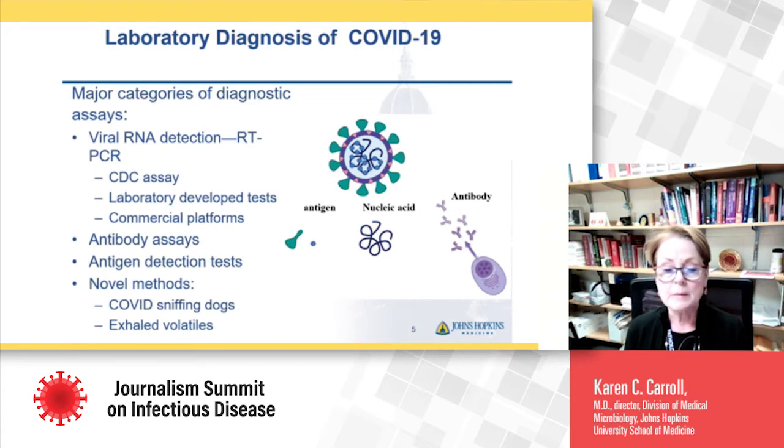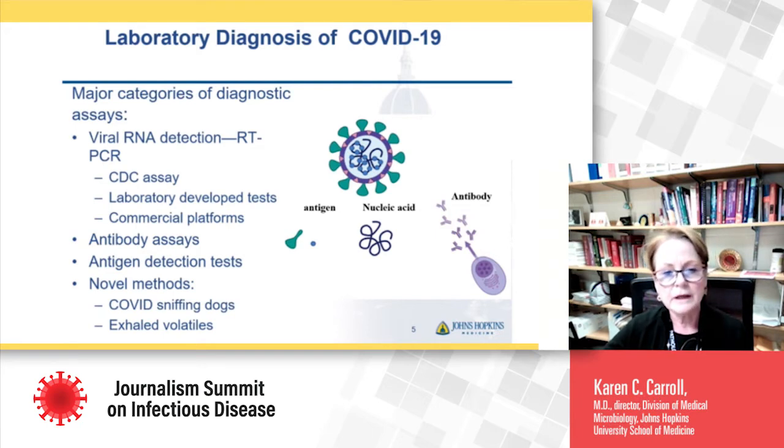Antibody assays came next. These assays detect the host response or antibodies mounted to the various proteins or antigens on the surface of the virus. Antigen detection tests came next. Antigens are proteins or components of the viral structure.